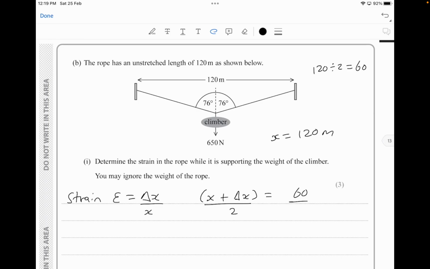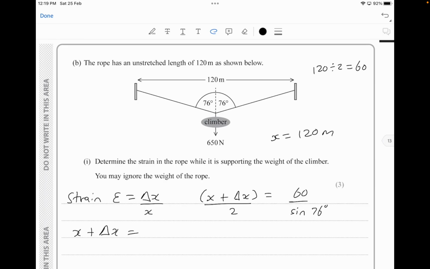So 60 divided by the sine of 76, since we're finding out the vertical part. And we're going to multiply this out. Actually, we're just going to do x plus delta x. So 60 divided by sine of 76.